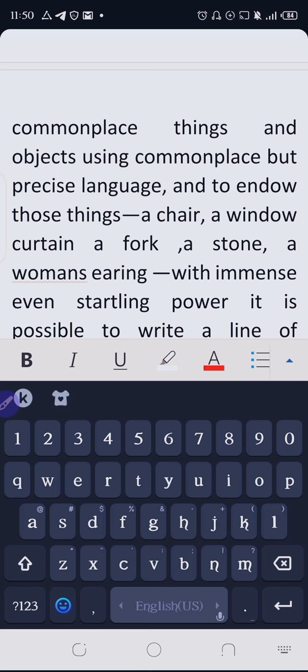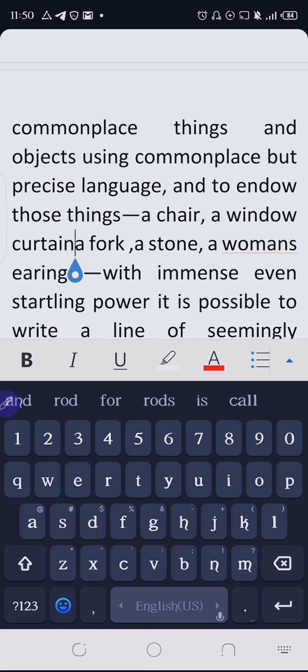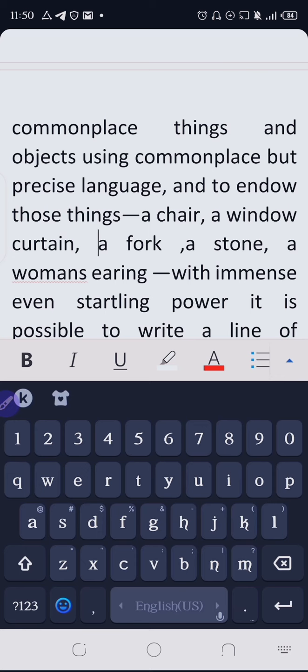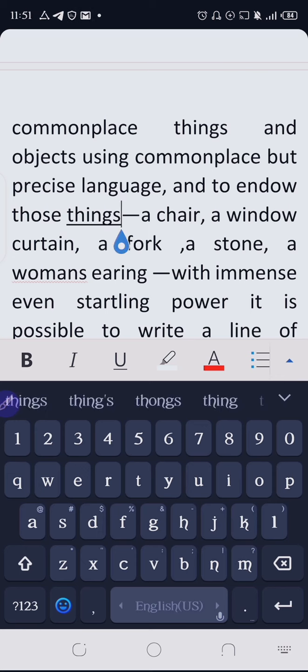A window curtain, this needs to be a comma here to separate items in a list, right? So those things, the function of the dash here is to list out the elements of those things to give us more information about those things. So those things: a chair, a window curtain, a fork.